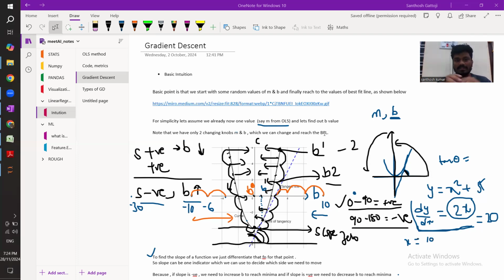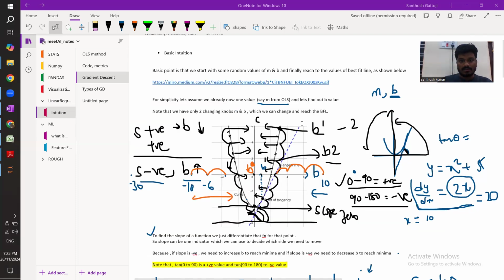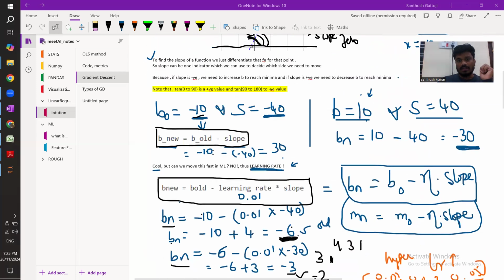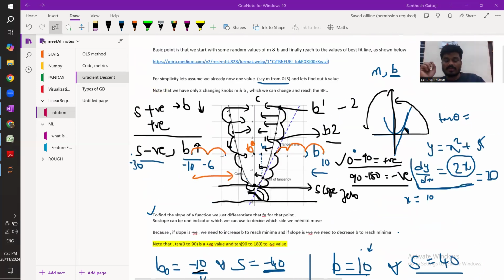For that, we have seen that gradient descent is the algorithm that helps exactly as per our requirement. It optimizes by iteratively changing the parameters so that it will find the lowest value of the function. We also saw that the slope tells us in which direction we want to move.